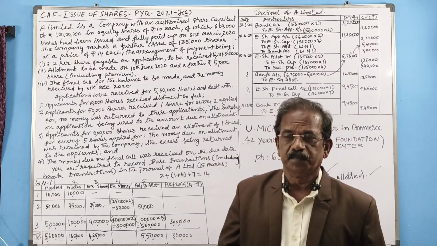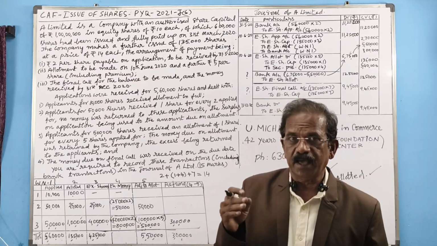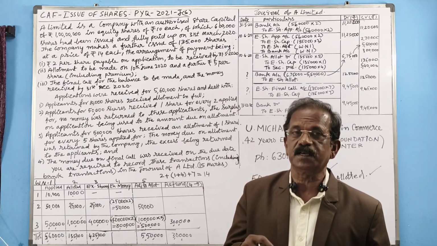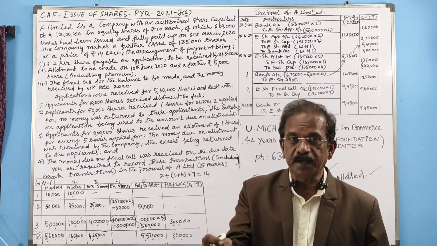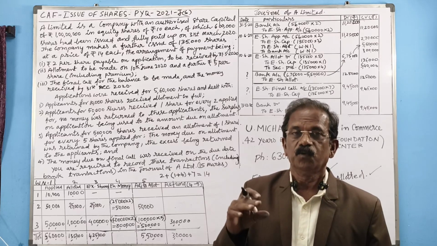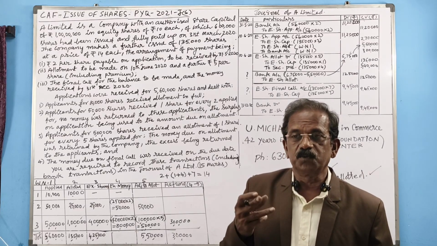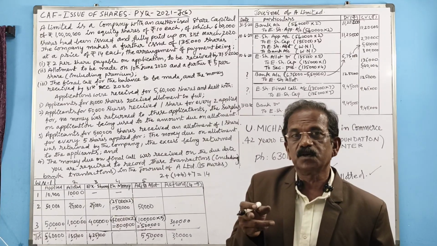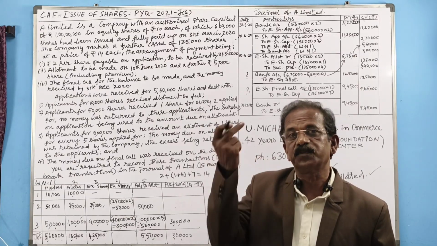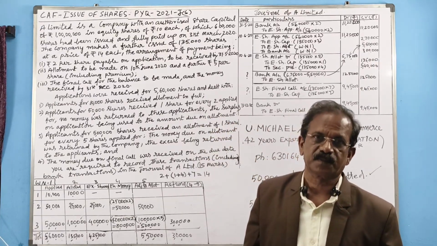So because they have to pay money in future and their money is with us now, we can keep that money with us to use for those amounts which we have to receive in future.